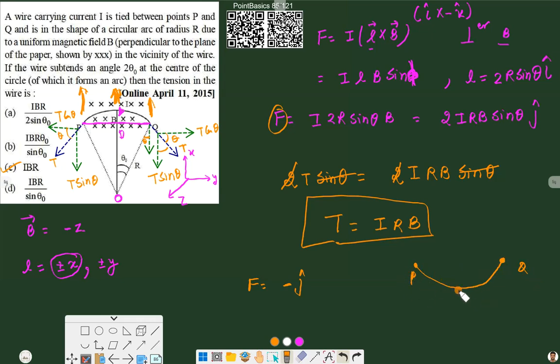Now suppose we have a straight wire with P and Q fixed, and if we apply a downward force, then it will stretch downward, and the tension will be upward. So this tension force will be in the upward direction, and it will again balance the magnetic force. So you can get an idea of the direction of the current from the stretching of the wire.